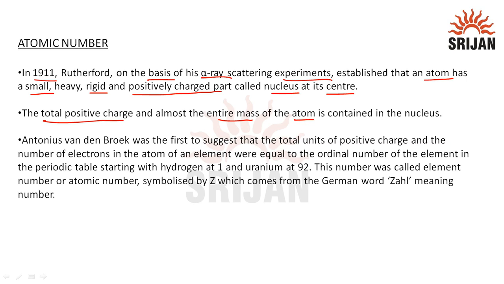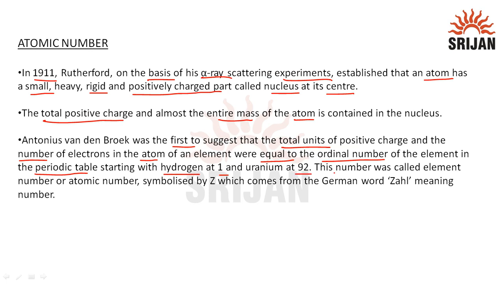Another scientist, Antonius van den Broek, was the first to suggest that the total units of positive charge and the number of electrons in the atom of an element were equal to the ordinal number of the element in the periodic table, starting with hydrogen at 1 and uranium at 92.